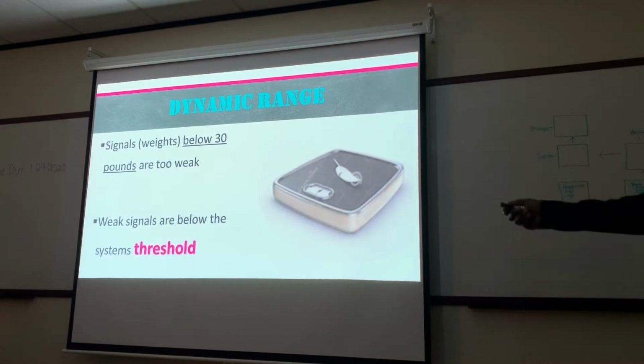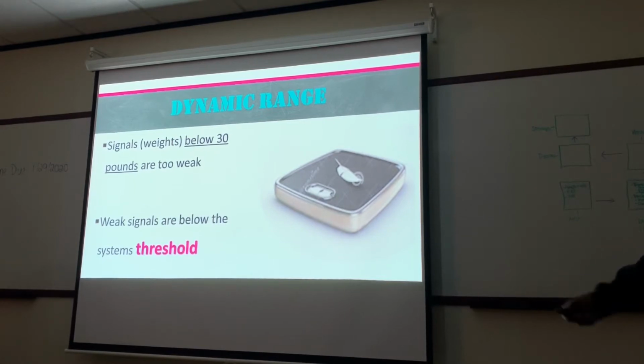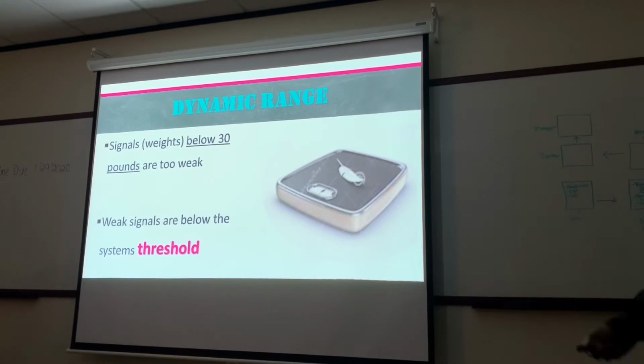So, like I just said, signals below 30 pounds are too weak to cause a reaction for this scale. Weak signals are below the system threshold. They don't weigh enough to cause a reaction by the scale. That's what the threshold means.